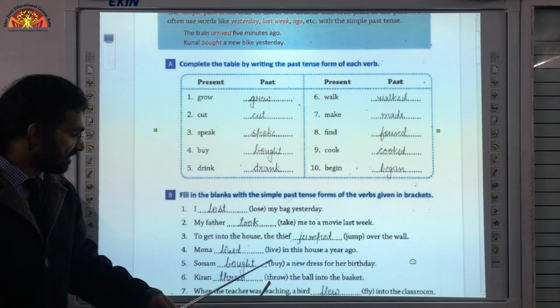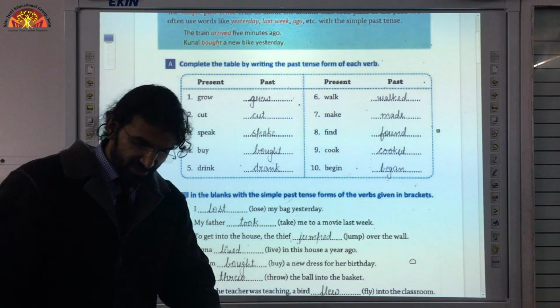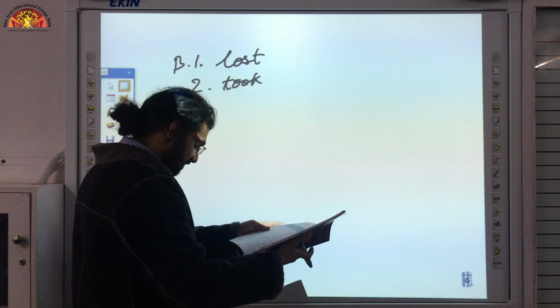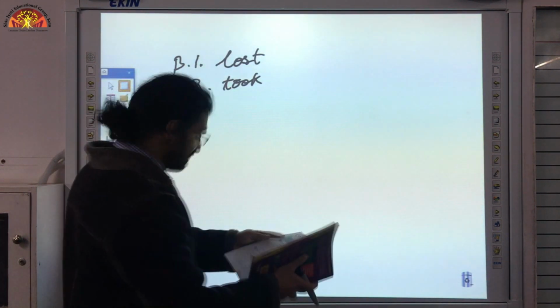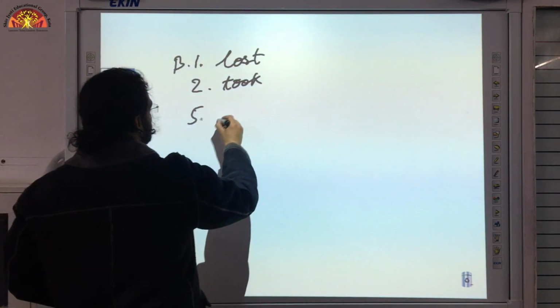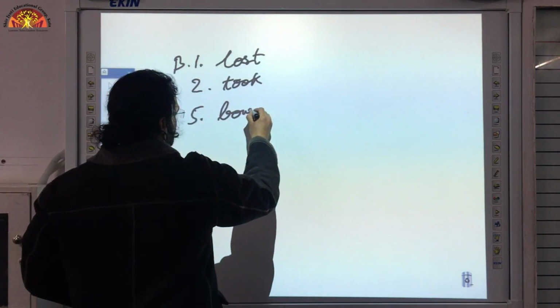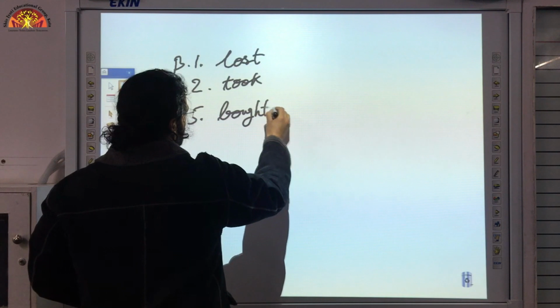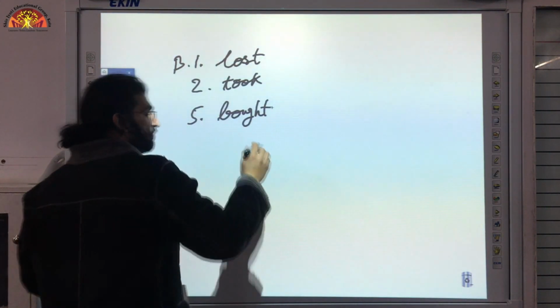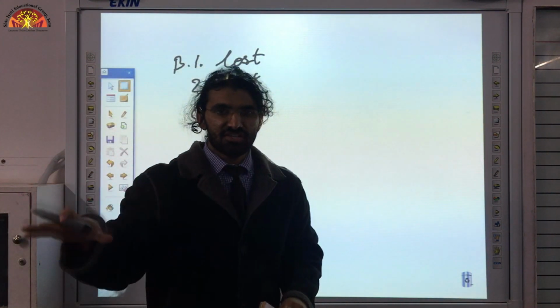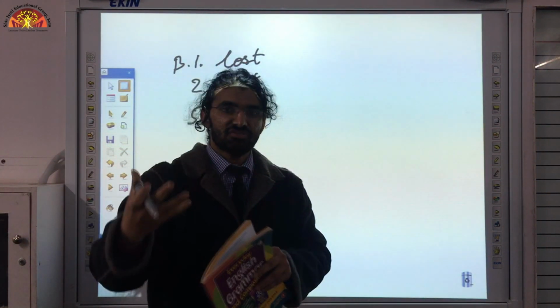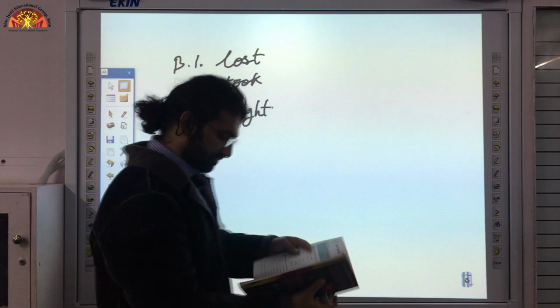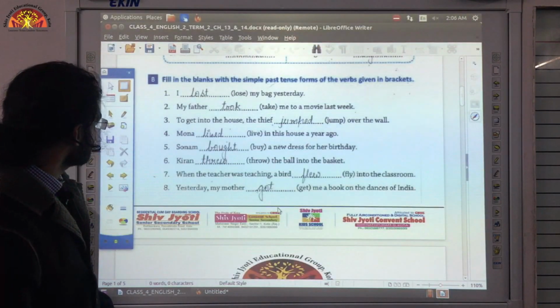Sonam bought a new dress for her birthday. Finished task, done. She's done with that. She has finished buying the dress. All right, I'm sure you can do the rest of them on your own.